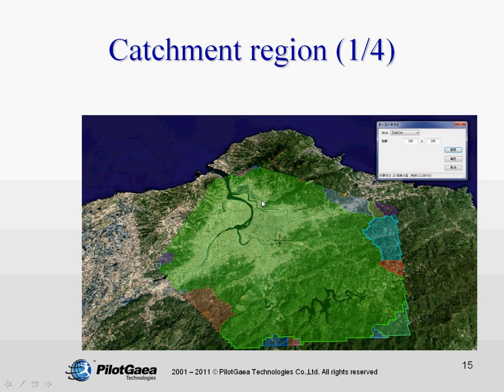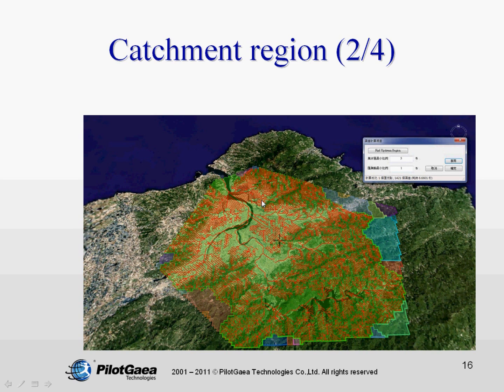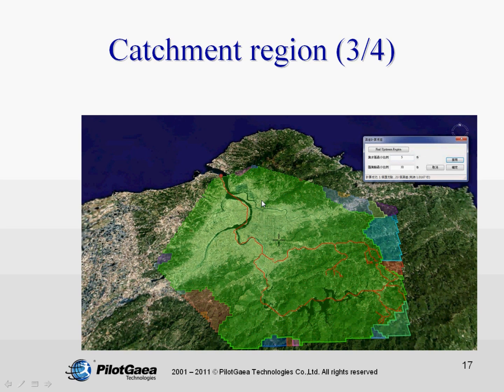The following are a series of results of application about catchment region. The system not only can show the distribution of catchment areas, but also can show the distribution of river catchment. After some settings, the system will show the rivers that meet the settings of the user.